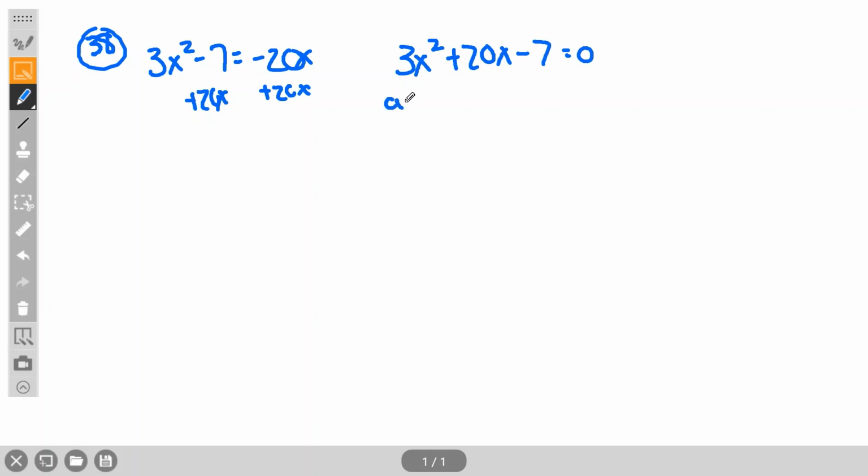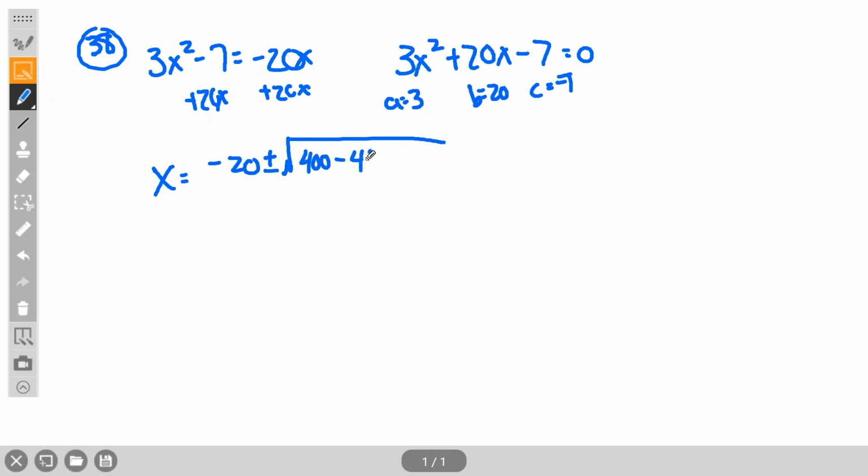A is 3, B is 20, C is negative 7. So the quadratic formula, negative b, so negative 20 plus or minus the square root of b squared, so 400, minus 4 times 3 times negative 7, all over 2 times a, and a is 3, so all over 6.